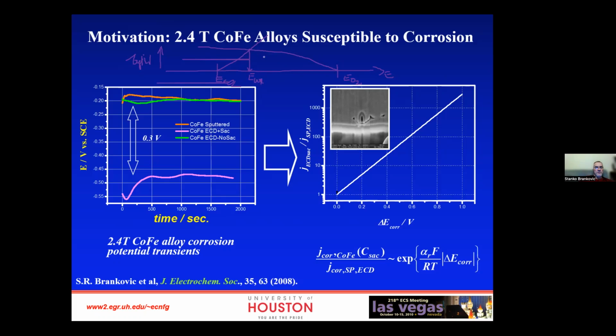Now, if the corrosion potential is closer to the reversible potential of your metal, your corrosion rate is high.